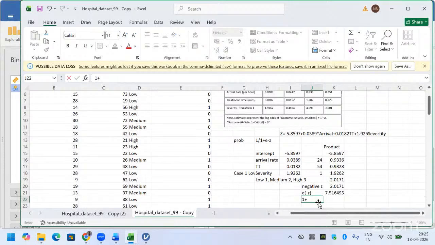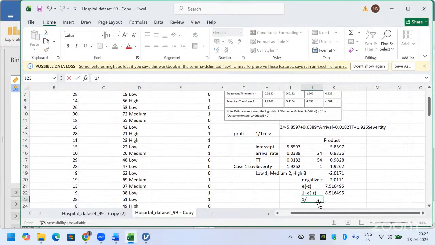Next, 1 plus e power minus z, which is 1 plus this particular value. Then 1 divided by 1 plus e power minus z, which is 1 divided by this particular value.